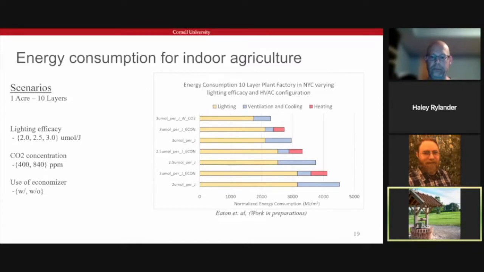This is preliminary work, so keep it between you, me, and 100 other people here. So it's before peer review, but this is what the total energy footprint is looking like.